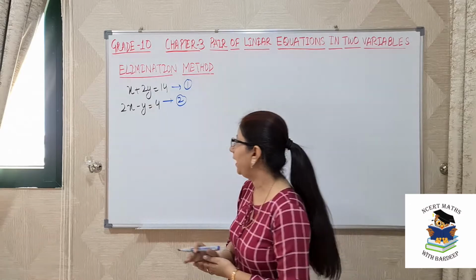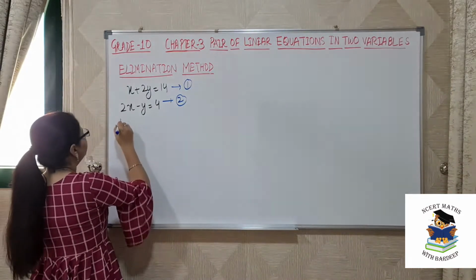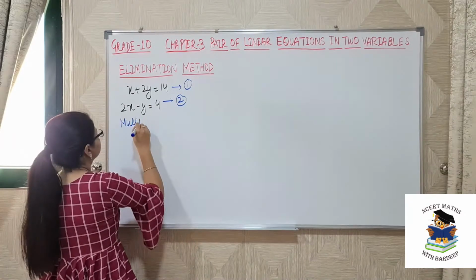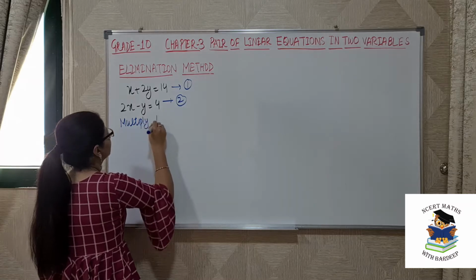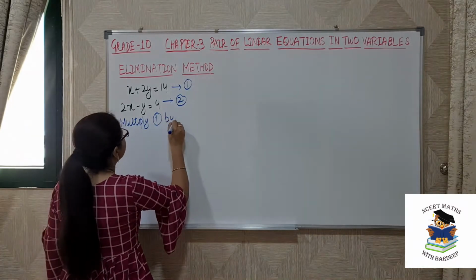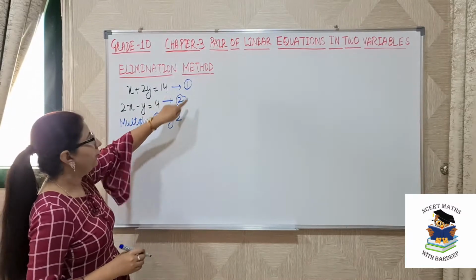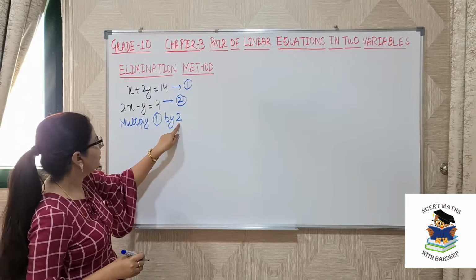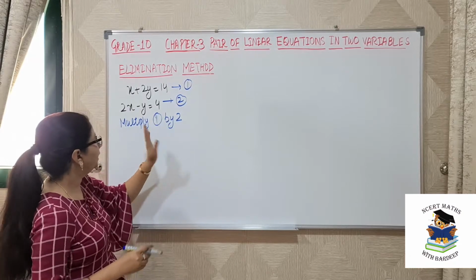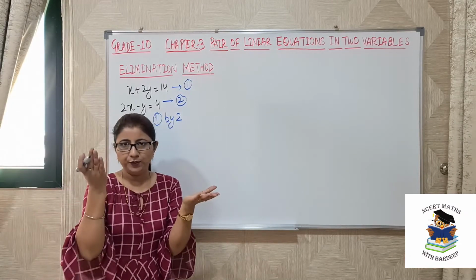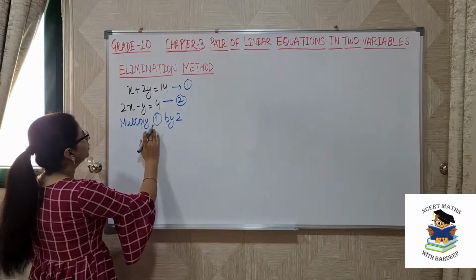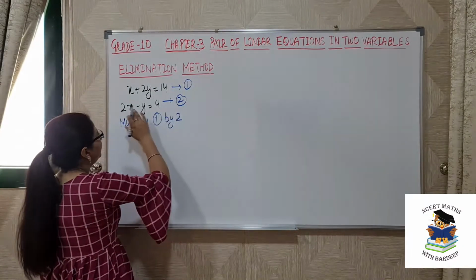So I'll do x. So I'll write multiply 1 equation by 2. So here 1 in a circle I am referring to equations and this number as simple, so that we can differentiate which is the equation and which is the number. Okay, so 1 by 2 and 2 by 1.